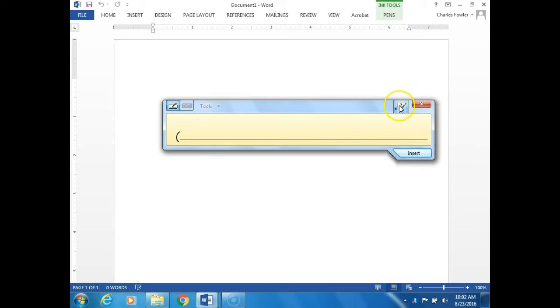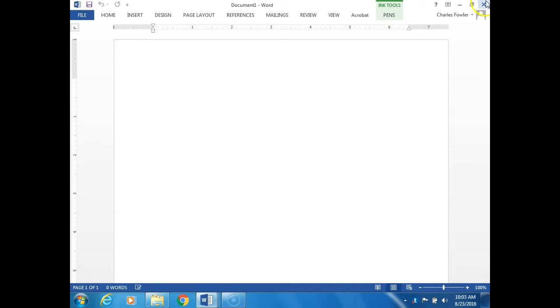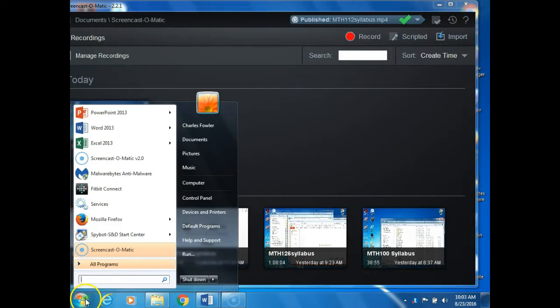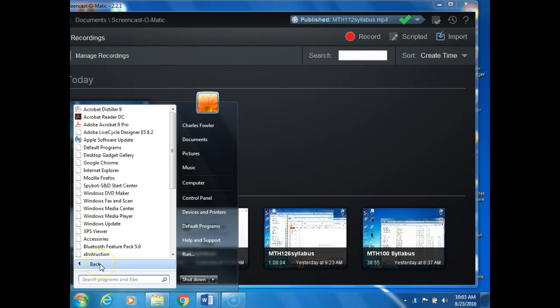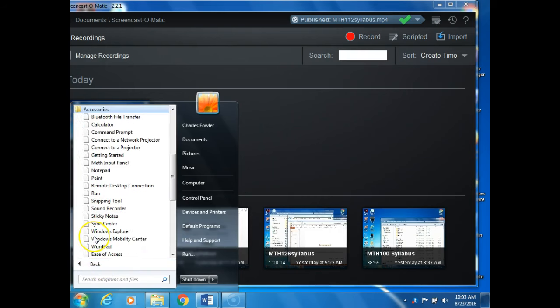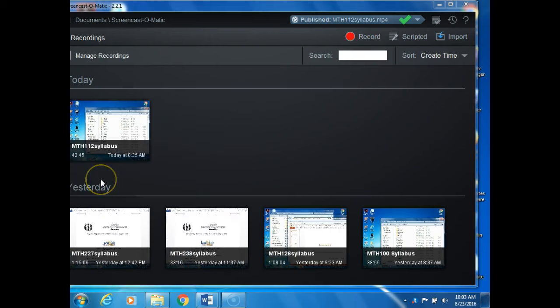Because if not, that's going to be sad. That's just activating the writing pad. It's not good at all. Wait a second. Let me close out this for now. Accessories. If you have Paint, that'll probably work. Paint is right there. But will it work with the pen?